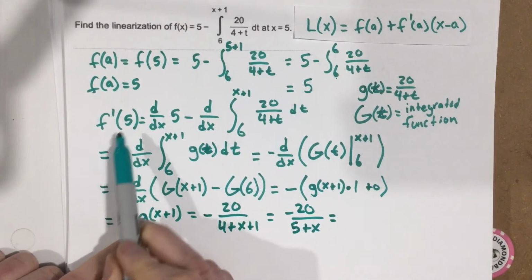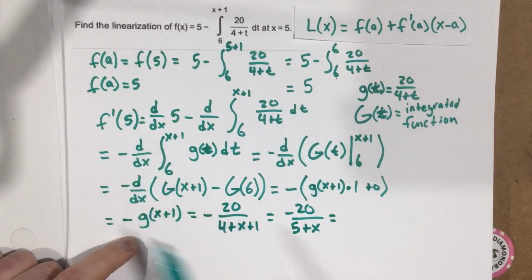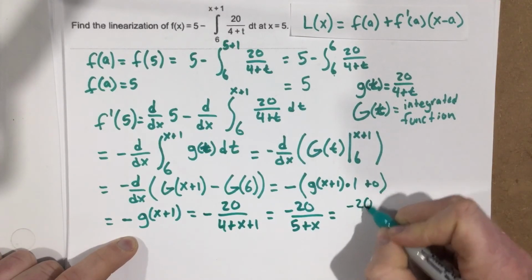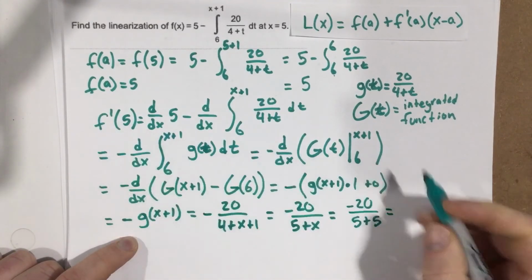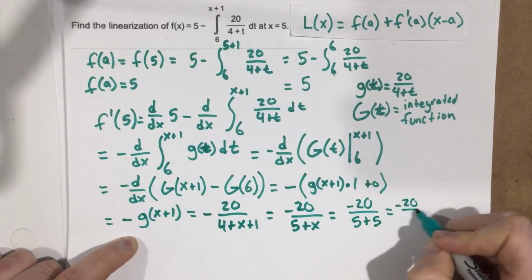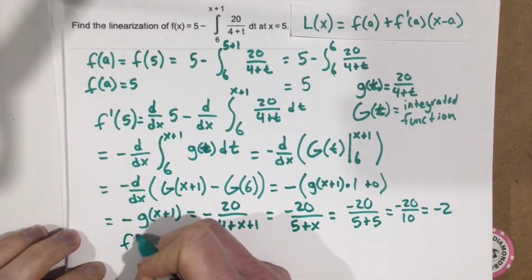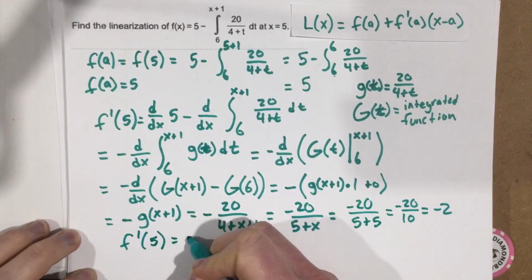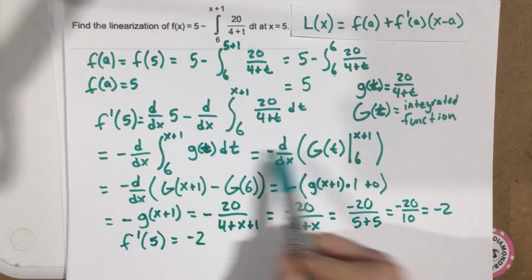Remember at the very beginning we said f prime of 5, so our x value should be 5. So I can plug 5 in now and I end up with negative 20 over 5 plus 5. So my slope for this function is negative 20 over 10, which is negative 2. So f prime of 5 was negative 2. And I found that out doing the fundamental theorem of calculus here.